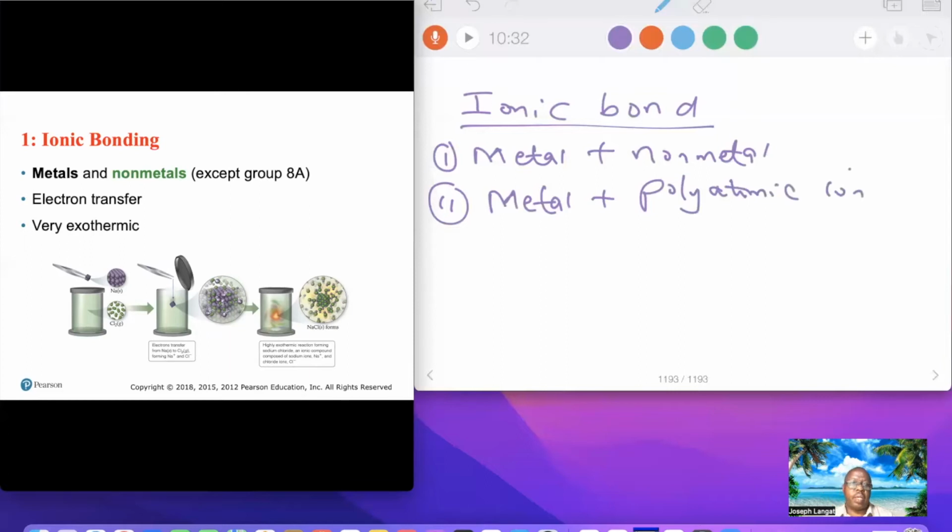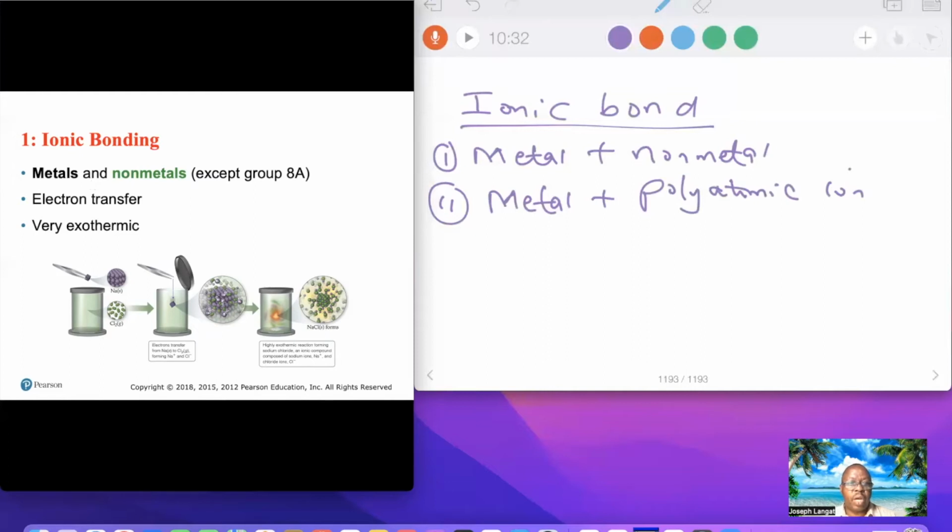So if I see a compound with a polyatomic ion and a metal, I know the type of bonding in there is ionic bond.